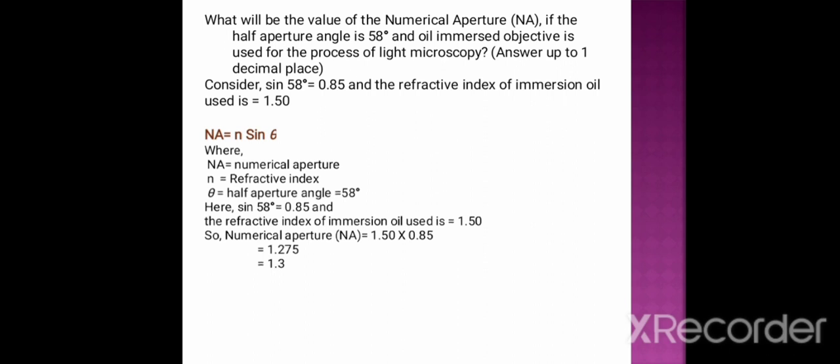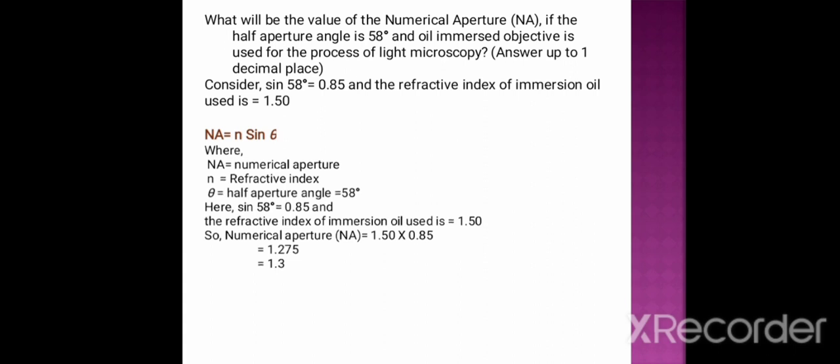To answer this question, we have to consider the formula NA is equal to n sin theta, where NA is the numerical aperture, n is the refractive index, and theta is the half aperture angle, that is 58 degree. Here sin 58 degree is equal to 0.85 and the refractive index of immersion oil used is 1.50.